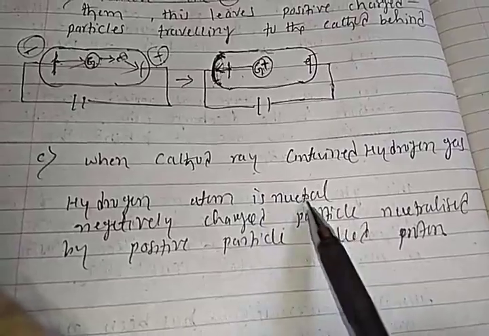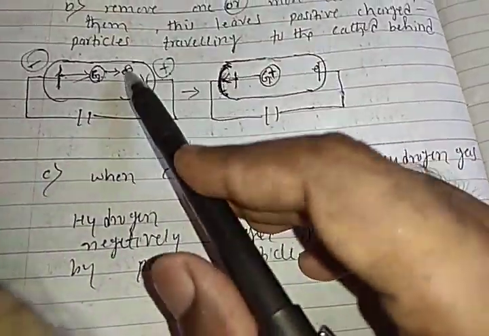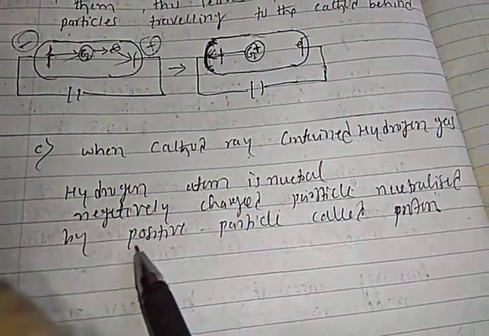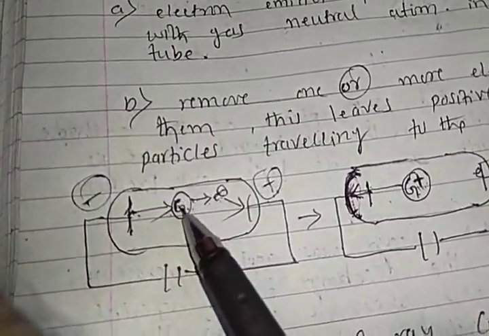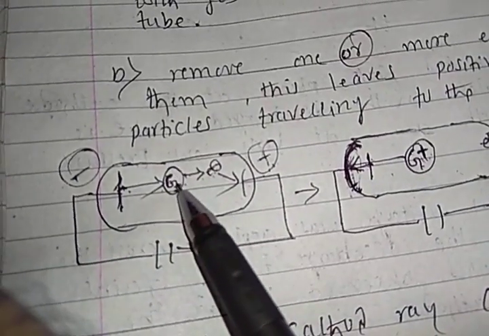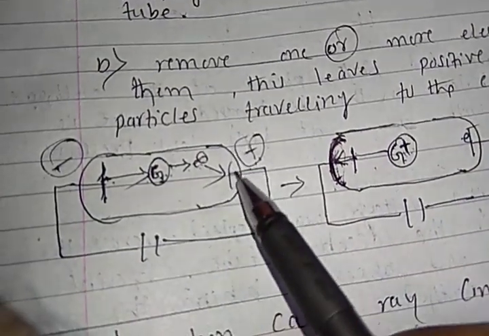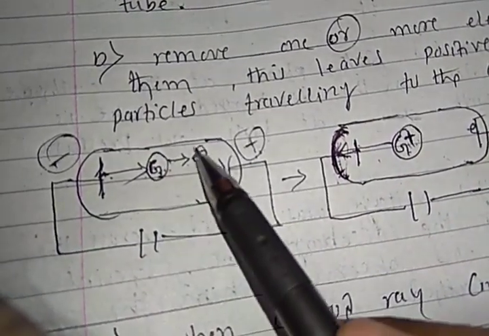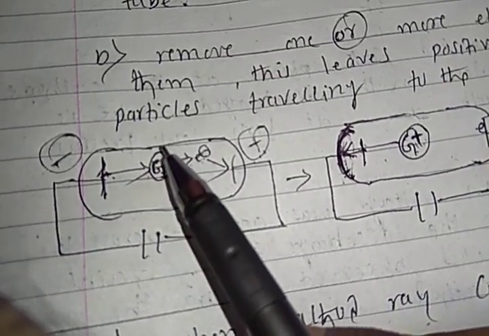When the cathode ray passes through hydrogen gas, the hydrogen is neutral. If the atom contains a negative charge particle, it is neutralized by some positive charge particle. According to Dalton's theory, if we consider this gas to be hydrogen and it contains electrons, then the hydrogen is a neutral atom. How is it neutral?